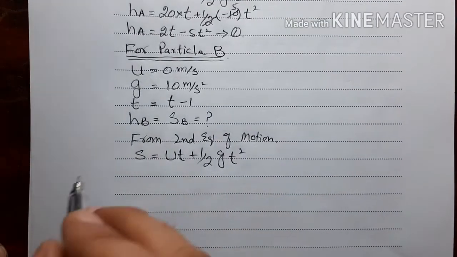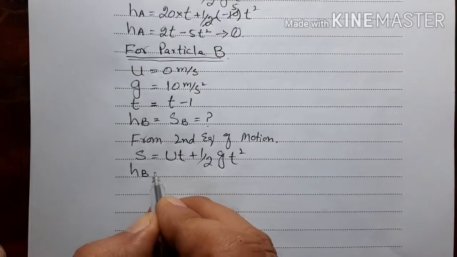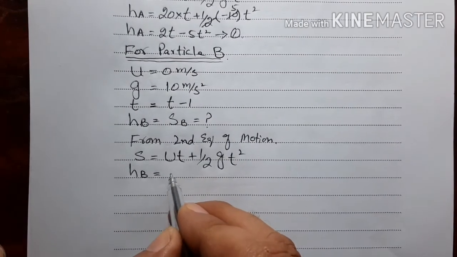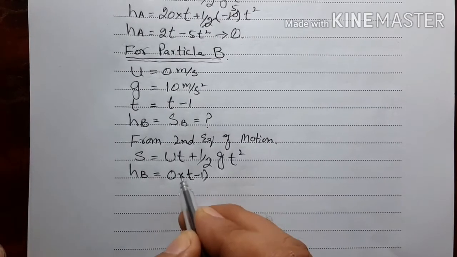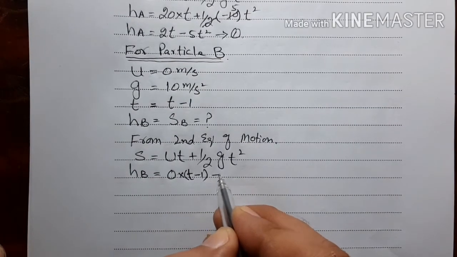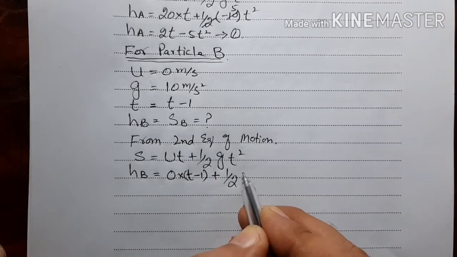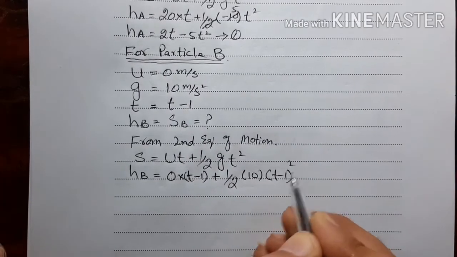By putting the values, S means the distance covered by B, u is 0 into t minus 1, actually in this case t is t minus 1, plus 1 by 2, g is 10, t minus 1 whole square.